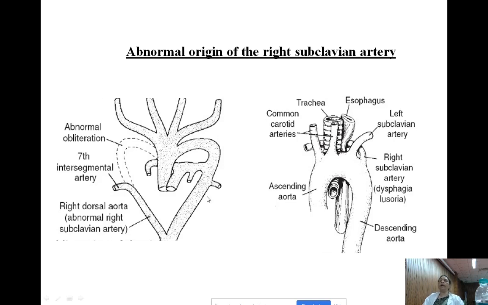artery. Now, another thing I have just forgotten to tell you, that this left subclavian artery arises as the seventh intersegmental artery, but due to elongation and head folding and many other things, its origin is shifted towards the left common carotid artery.